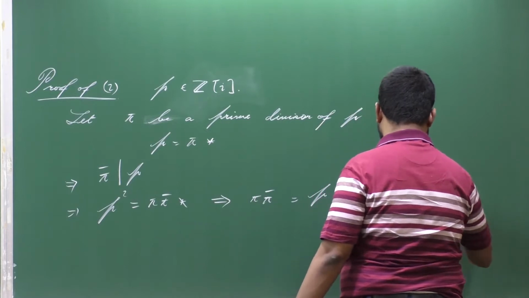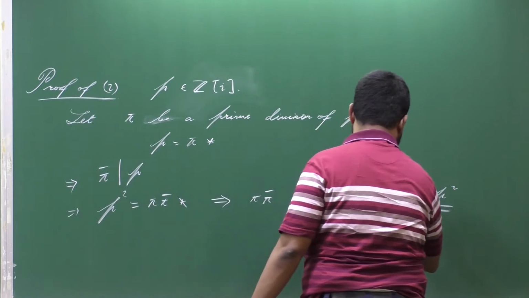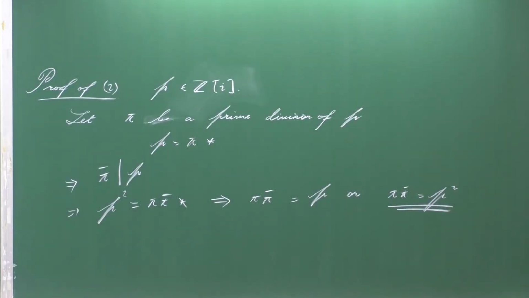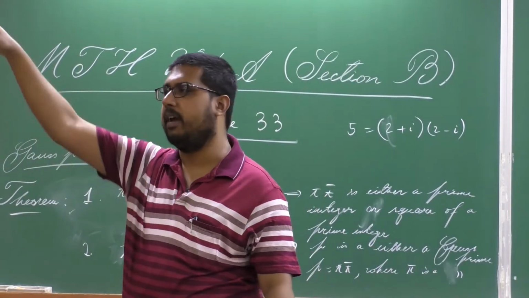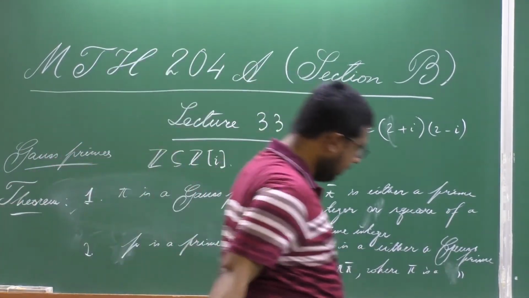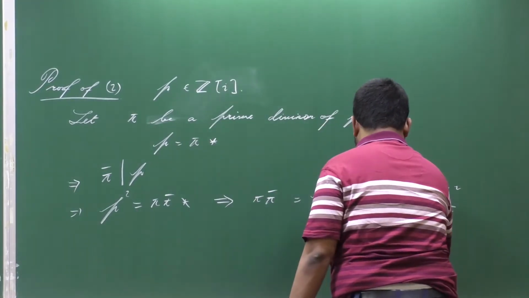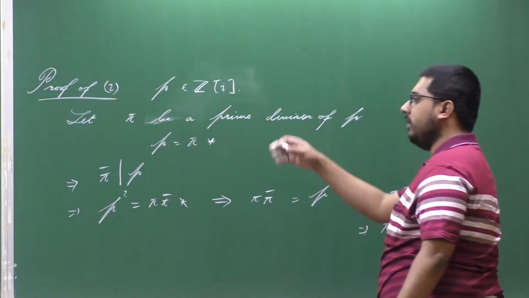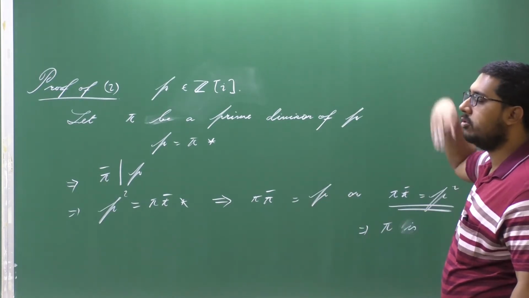Then let's now deal with the situation that if this is what happens. If you remember while proving part 1, when pi is a Gaussian prime, pi times pi prime becomes the square of a prime integer exactly when pi is an associate to p.